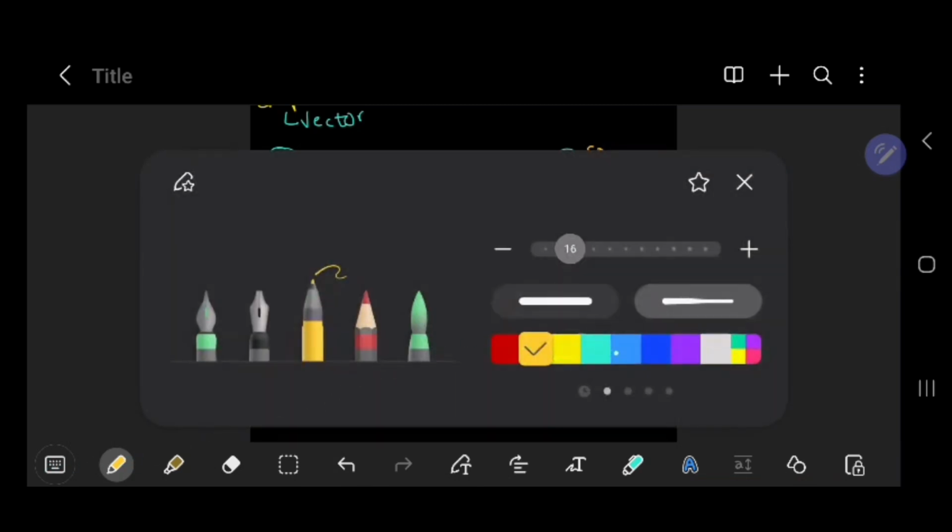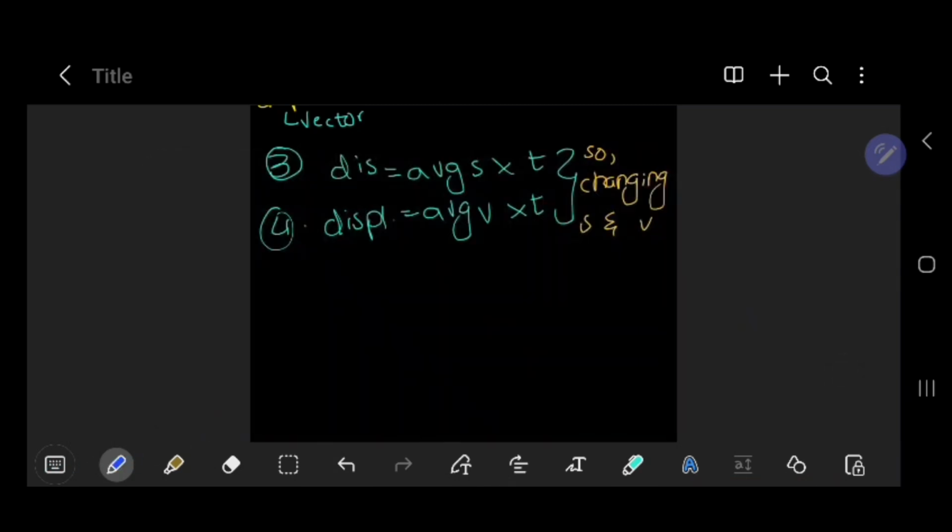Now, as we see that it states average velocity, what do we mean by average? We denote the initial velocity with letter U and the final velocity with letter V. How do we calculate the average? If we know the initial velocity and the final velocity, we simply calculate the sum of the initial velocity and the final velocity and divide it by 2.